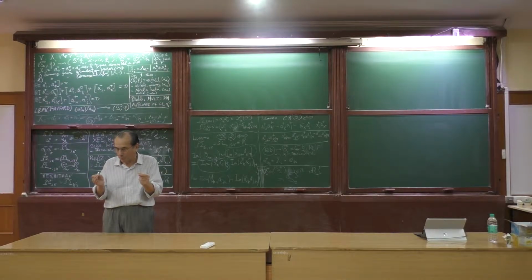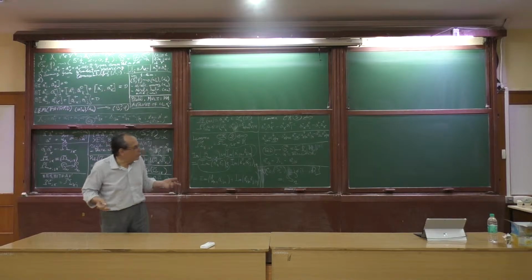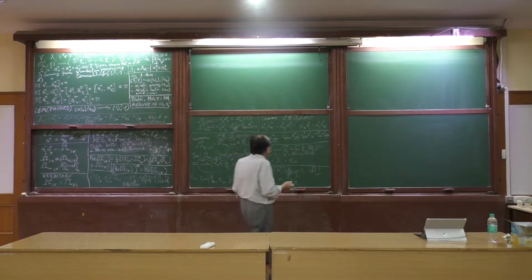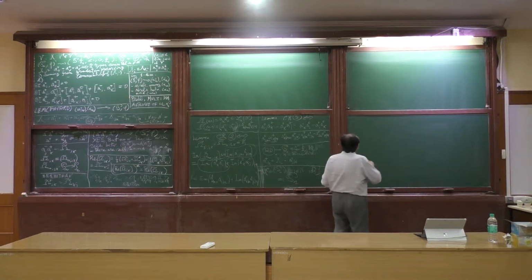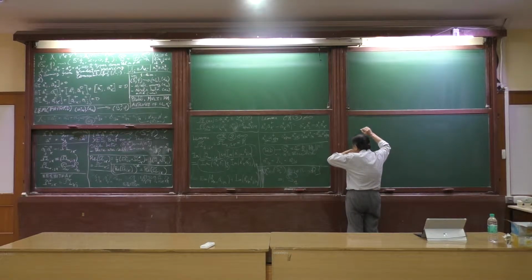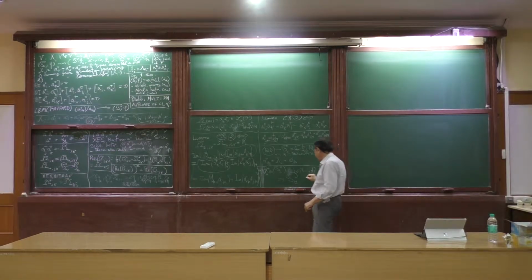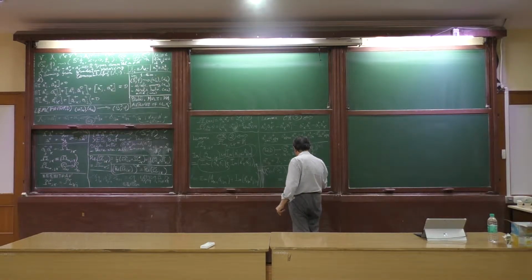Okay? This is clear, because my space is isomorphic to C^d.